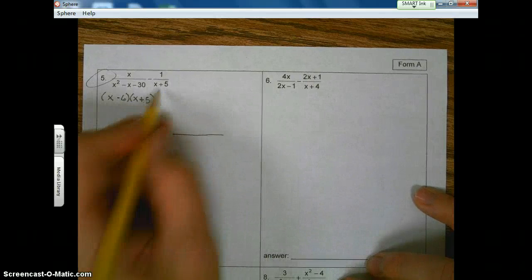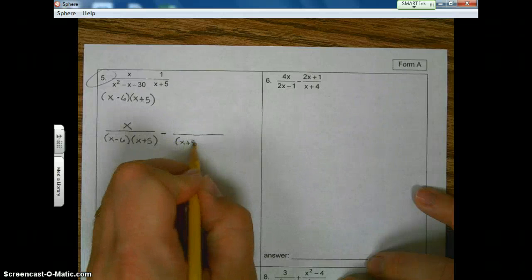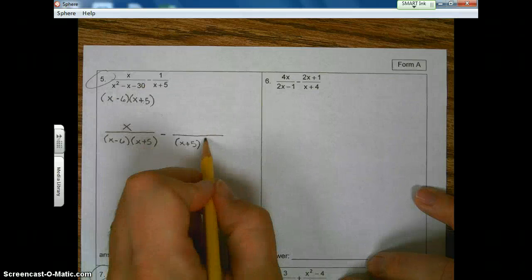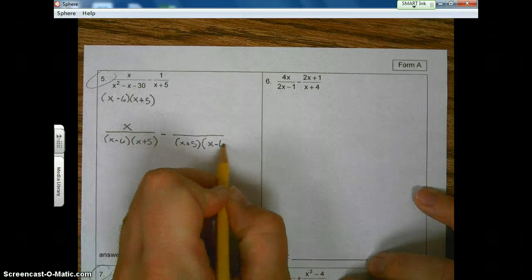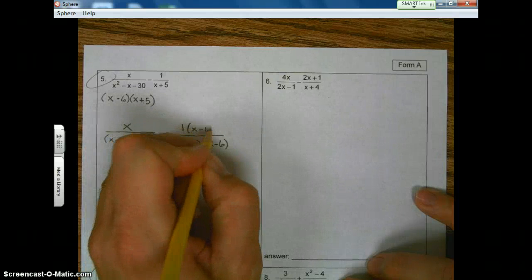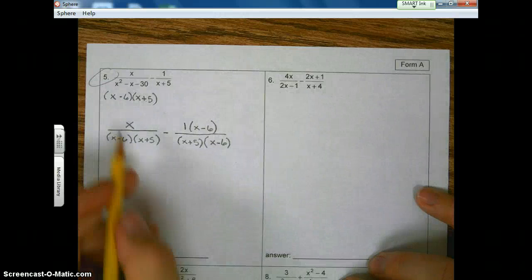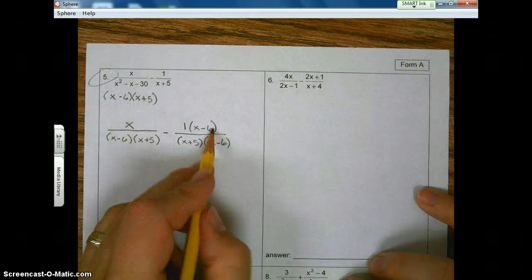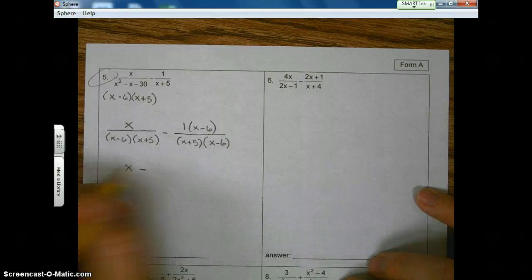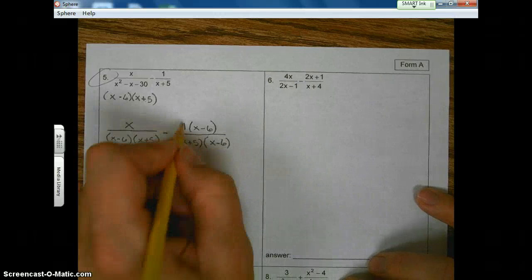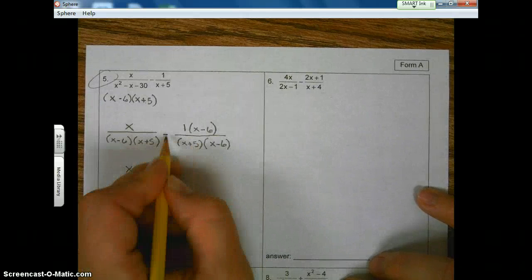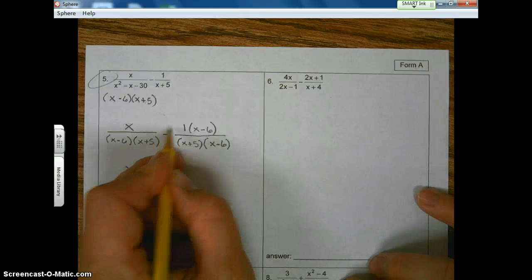Okay, so this one has an x plus 5. Does this denominator have something that this one needs? Sure, it needs an x minus 6, doesn't it? So we're going to multiply the top by x minus 6. Now, all we do now is we simplify the numerator. So we get x minus, okay, now 1 times anything is itself. So I'm going to distribute the minus onto both of these terms.